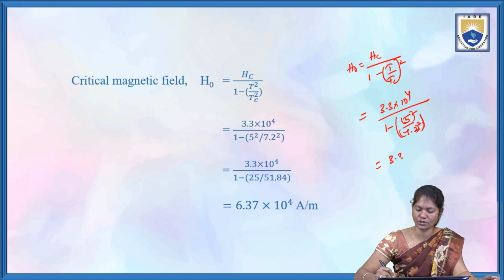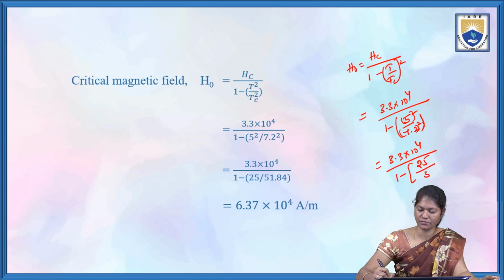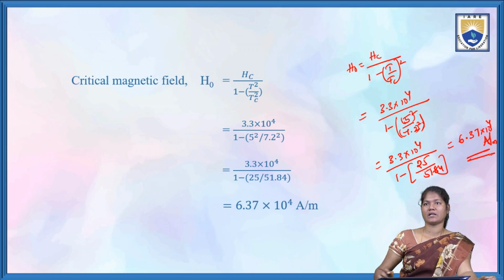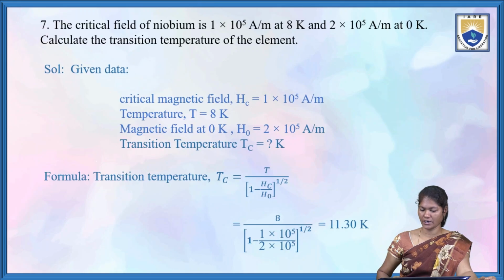So it is equals to 3.3 into 10 power 4 divided by 1 minus 25 by 51.84. So while calculating, we'll get 6.37 into 10 power 4 ampere per meter, which is the maximum magnetic field at 0 degree Kelvin.